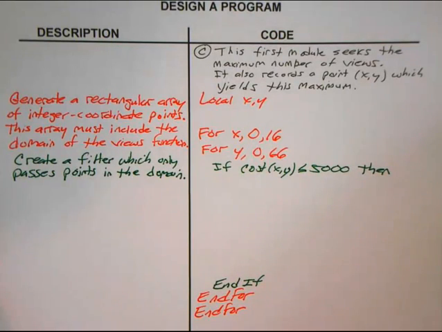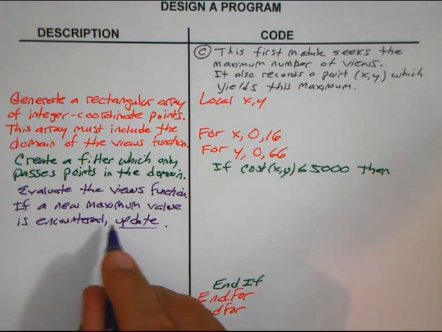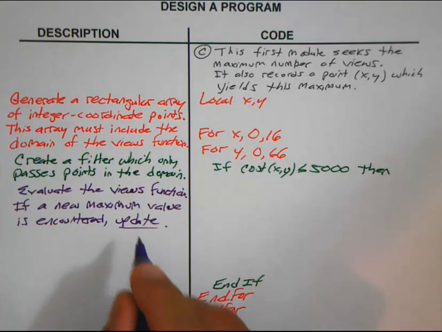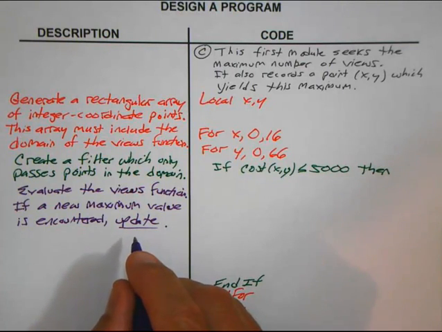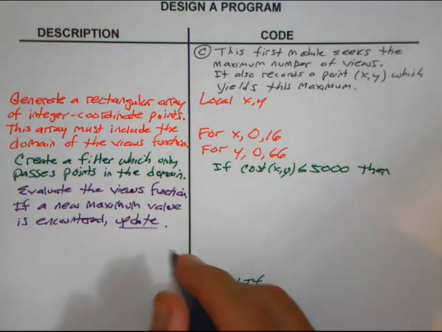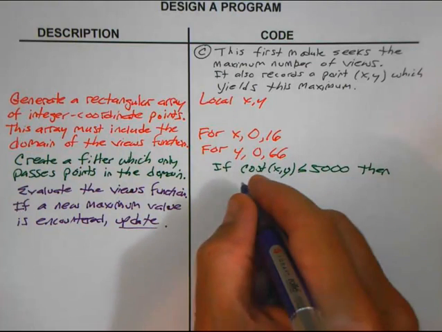Next, we should evaluate that views function at these points and keep track of the maximum value as we go along. If a new maximum value is encountered, update. In other words, make this value the new maximum value of views. To do this, we could use a conditional statement here also.